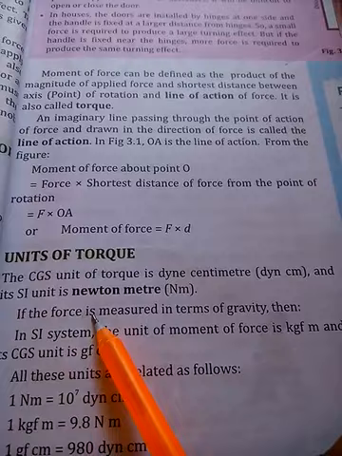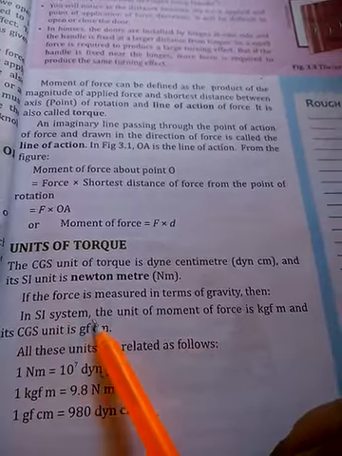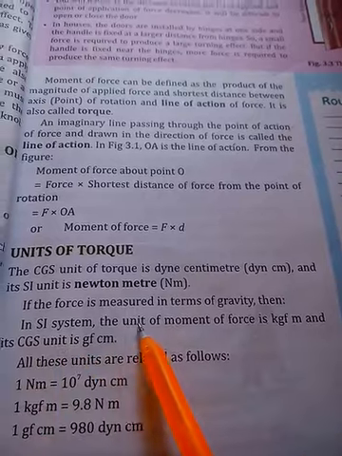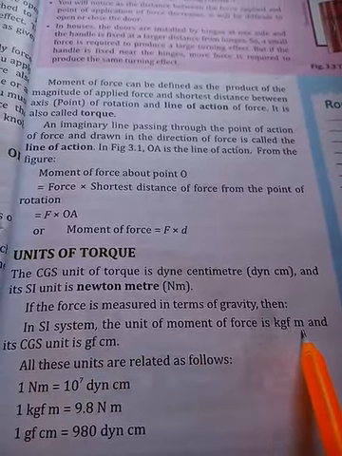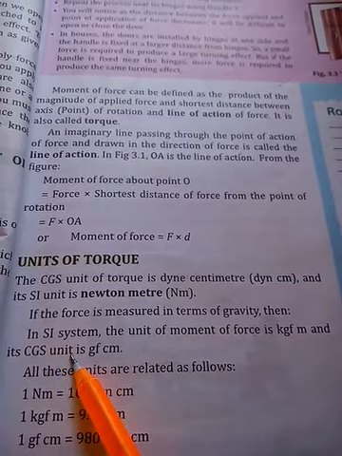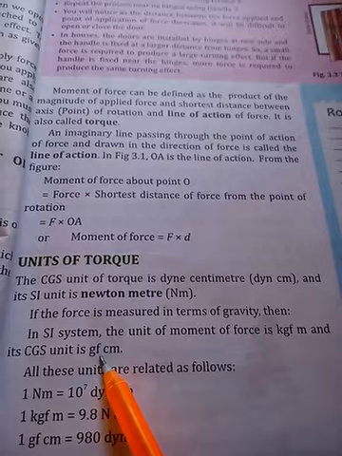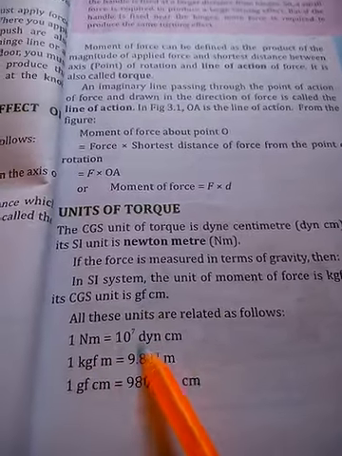If the force is measured in terms of gravity, then in the SI system the unit of moment of force is kgf meter, kilogram force meter, and its CGS unit is gf centimeter, gram force centimeter. This is important.